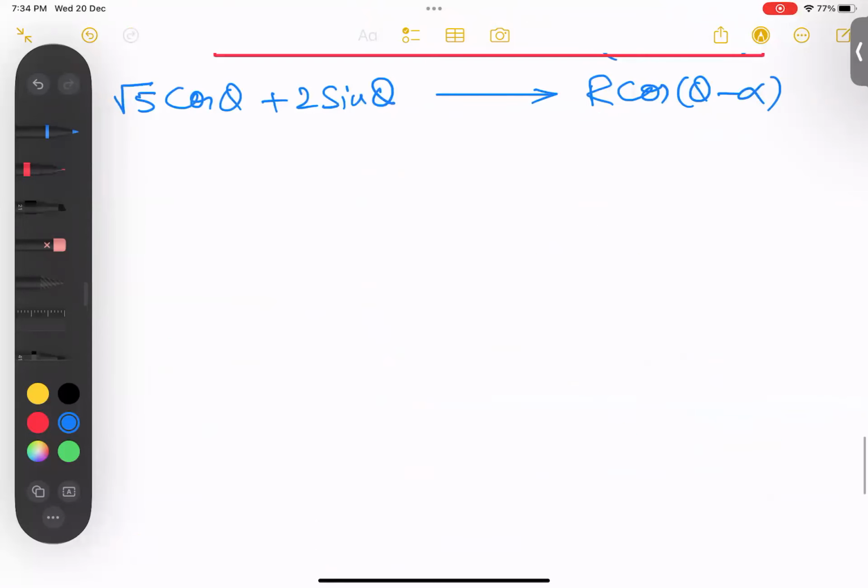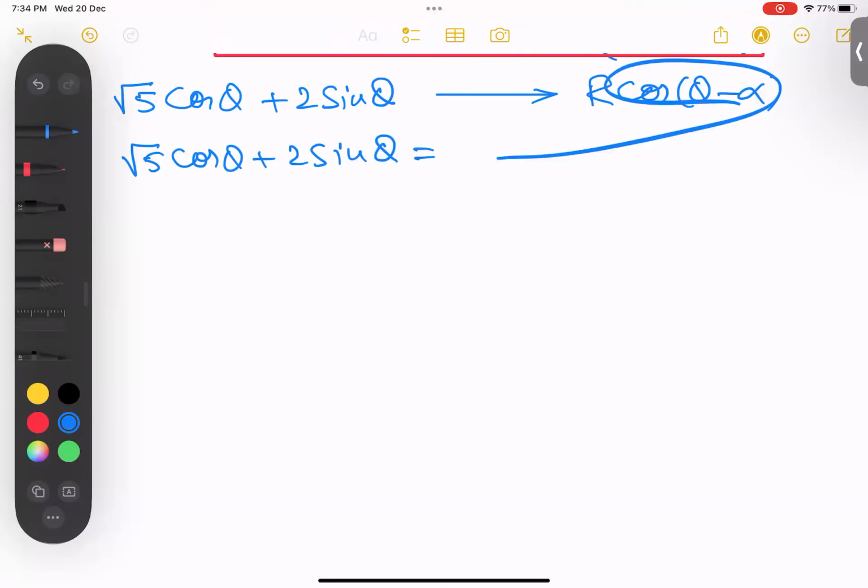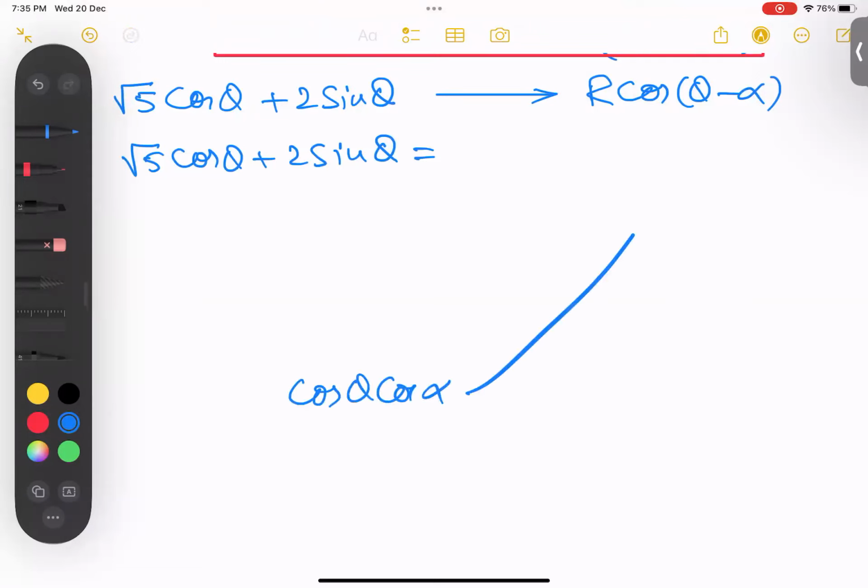And now let's try this question, student. So what is the method to do it? As you know, root 5 cos theta plus 2 sine theta is equal to the fundamental law of cos. All of you know when cos comes, I'm doing it here. When cos comes, cos theta cos alpha, then opposite sign, plus sine theta sine alpha.